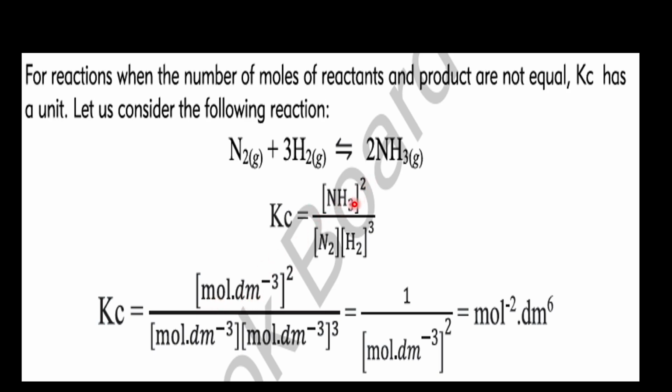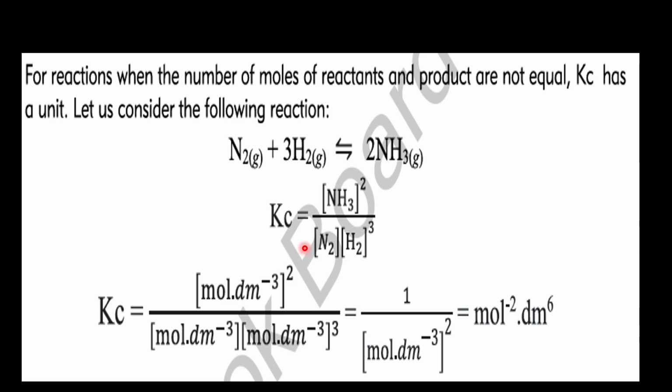For this one, mole per dm cube, and for this one, mole per dm cube, cubed. All the units are mole per dm cube, but here the power is 2, here the power is 1, and here the power is 3. So 1 plus 3 equals 4, and here the power is 2.